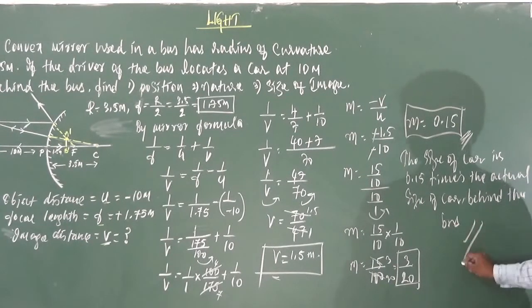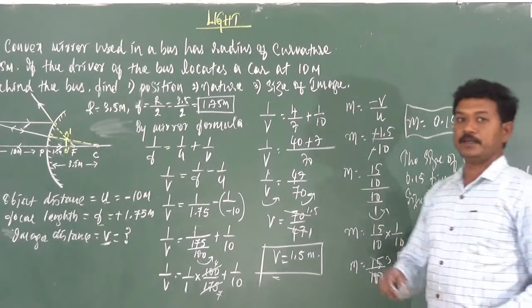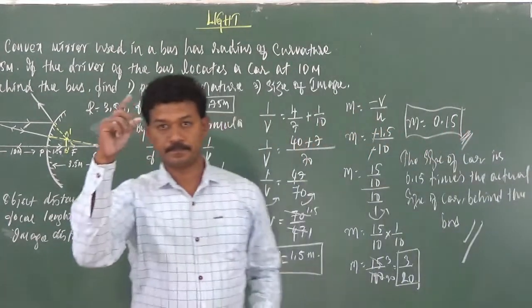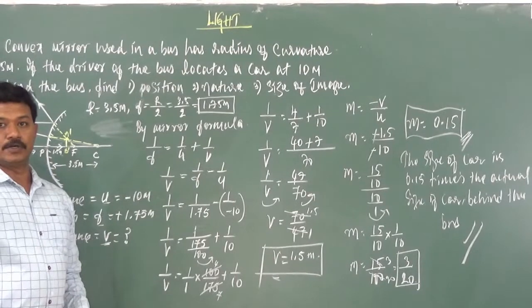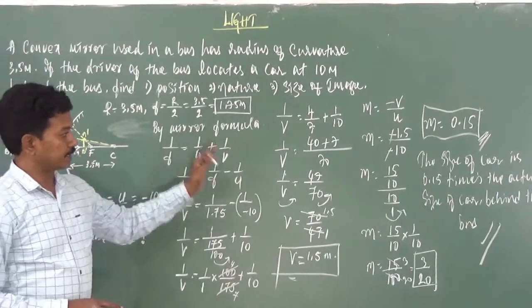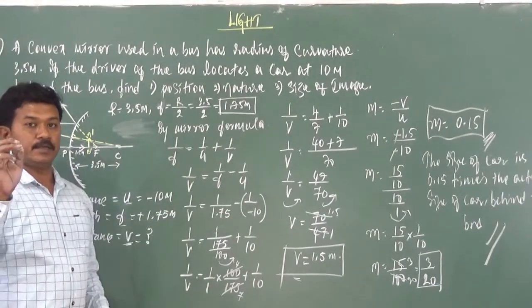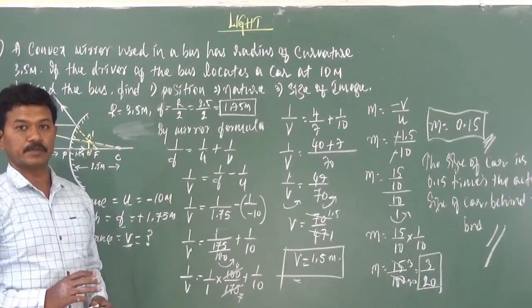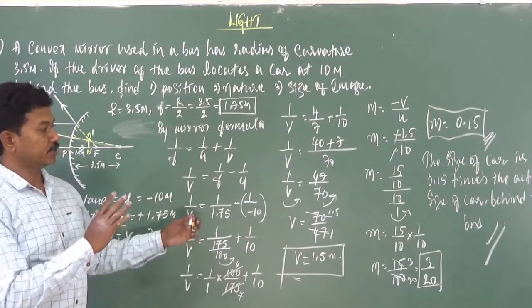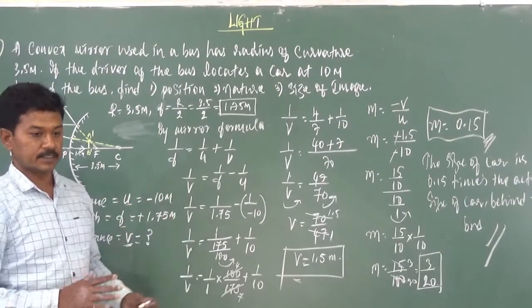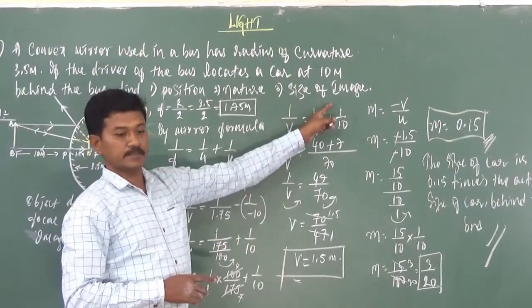Right? So this is a very important problem. You have to practice this. Very keen observation is required for this. You have to practice well. If you don't practice, you start getting confused in this. So I hope you enjoyed this part, size of the image.